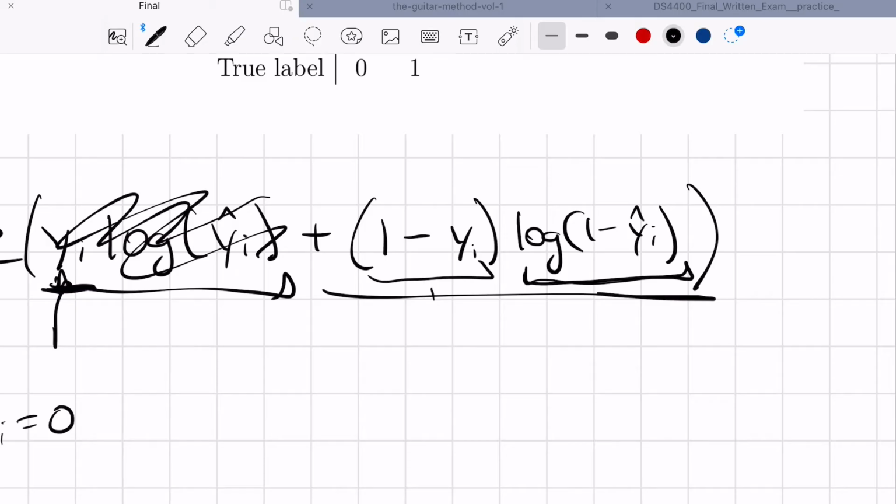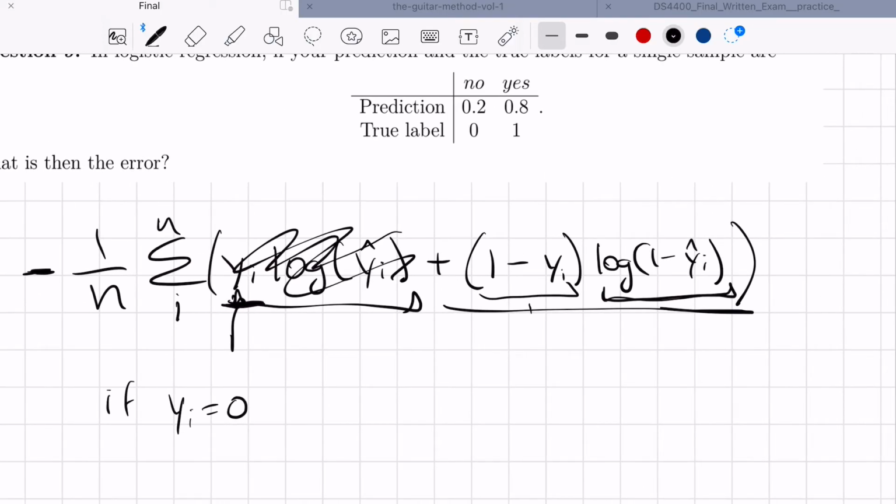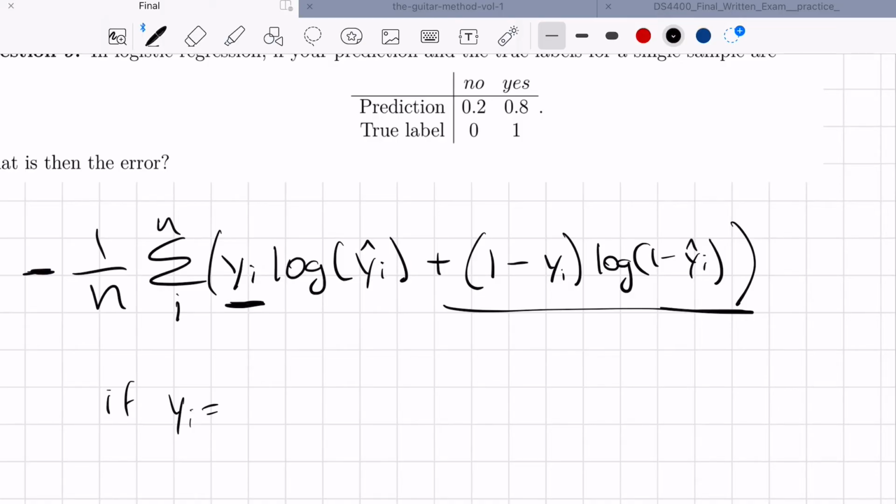But if y hat of i is small, close to 0, then we're just taking the log of 1, which once again is 0. So what this objective illustrates is how much y_i agrees with the prediction y hat of i.